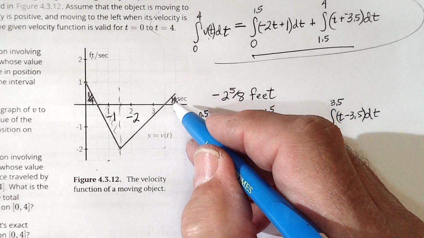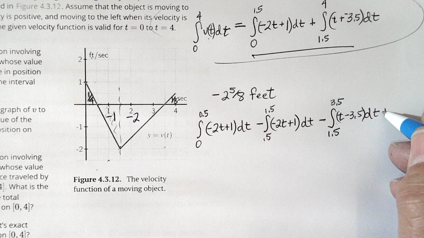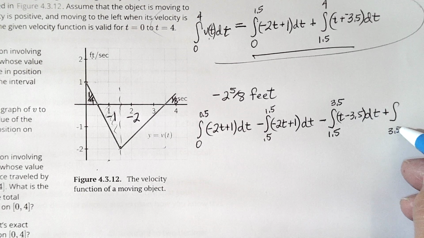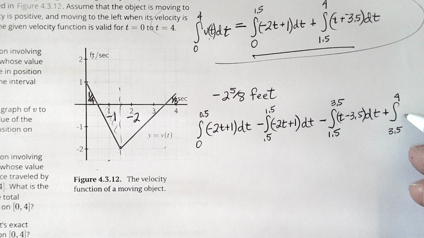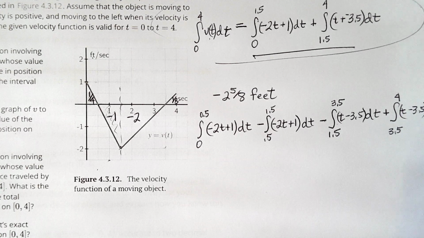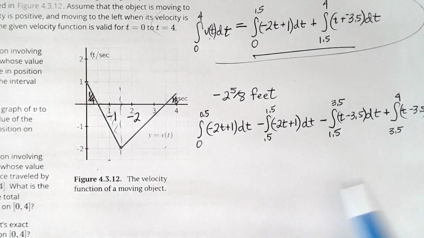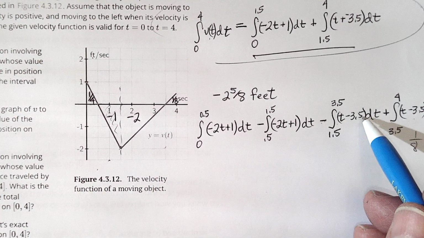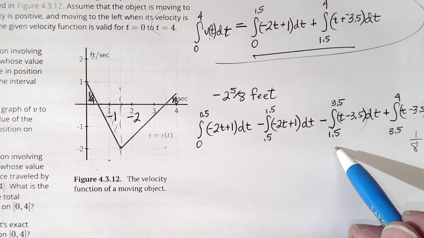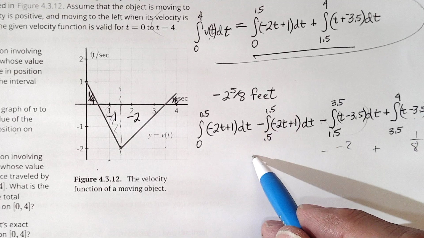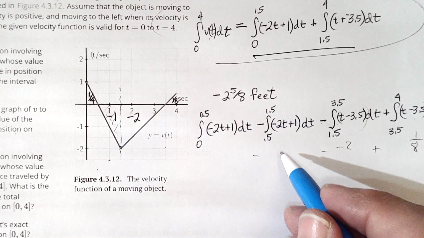And finally, I have this, which is already positive, so I'm just going to add in from 3.5 to 4 the area under t minus 3.5 dt. So this was a positive area. This should be the 1/8. The negative, this should be -2, and I've got to subtract the -2. And this is negative, and this area is -1.